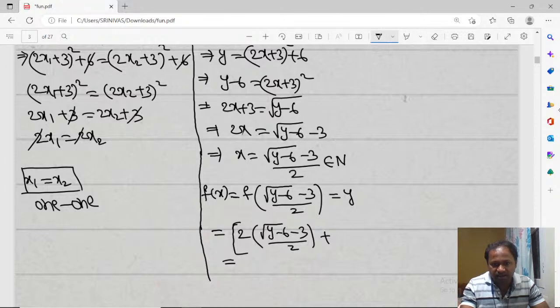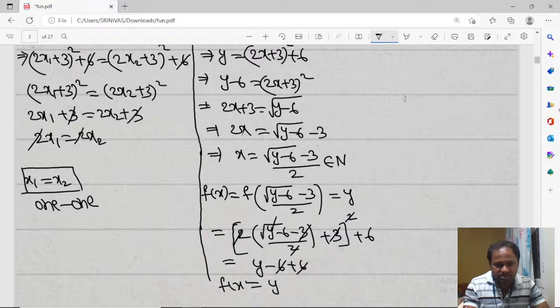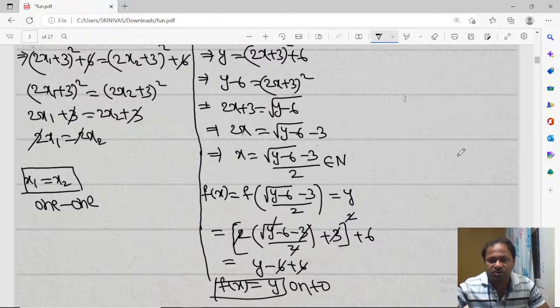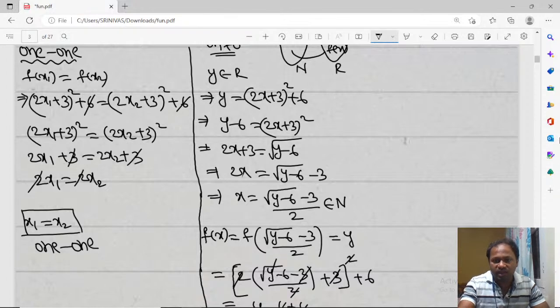Let me write: 2x plus 3 whole square plus 6. Here 2 got cancelled, 3 got cancelled, square root got cancelled. So we will get y minus 6 plus 6. Its value will be y. So f of x is equal to y. That's why it is onto. Okay, so now I will move on to inverse.